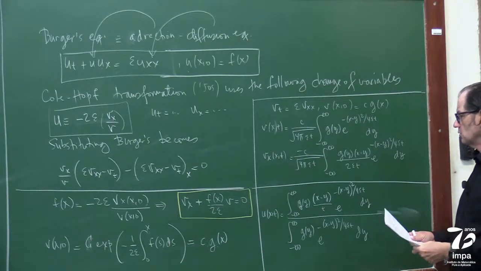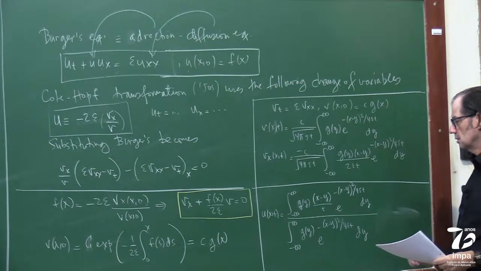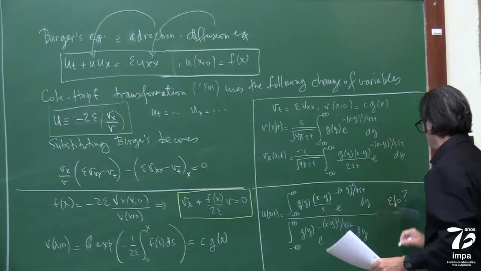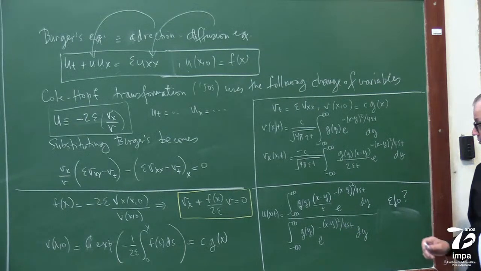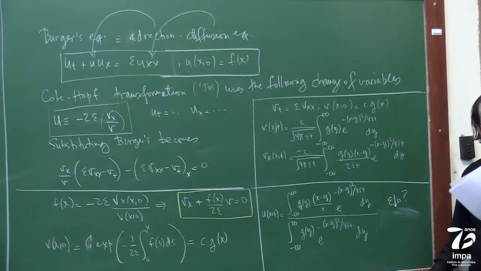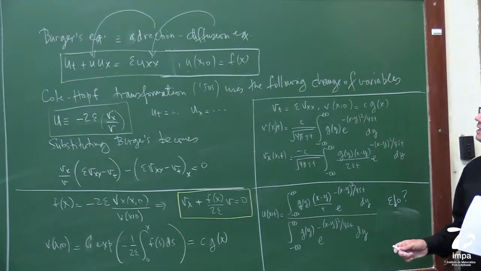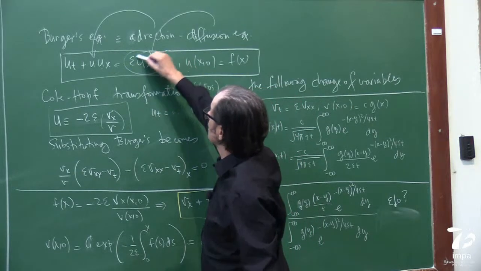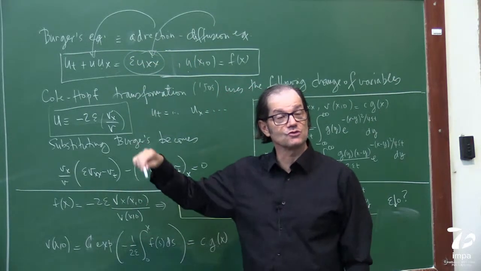So one question is, when epsilon goes to 0, what happens? Which is basically a question of interest in mathematical analysis sometimes, which is if this regularization term goes to 0.